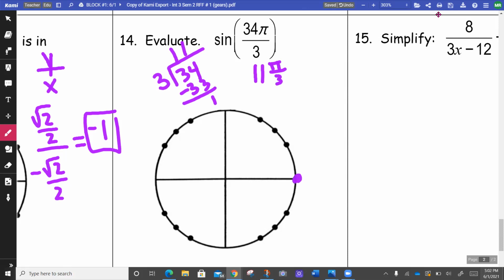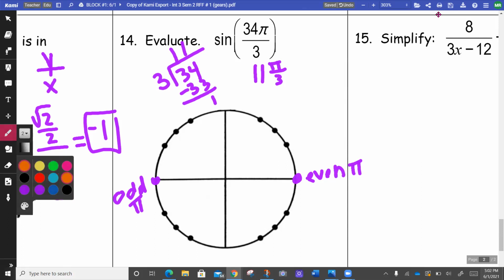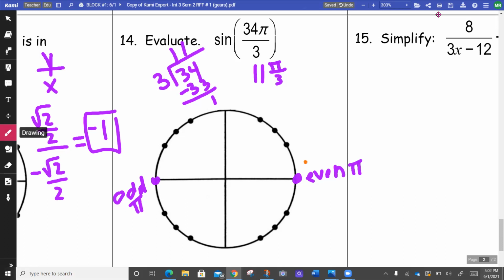So all of my even pi's are over here. All of my odd pi's are over here. So pi, 3 pi, 5 pi. So as I'm going around the unit circle over and over again, eventually, I'm going to end up here, which is going to be my 11 pi. And then I need to go a third beyond. And so a third beyond would be right here. And I want the sine of that.